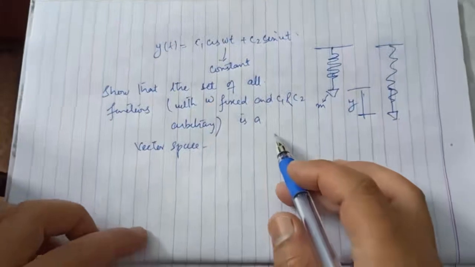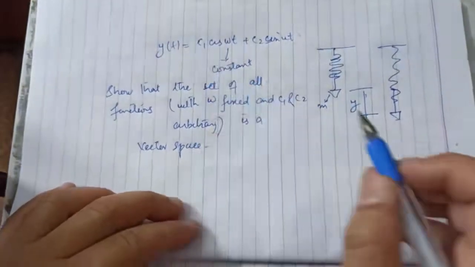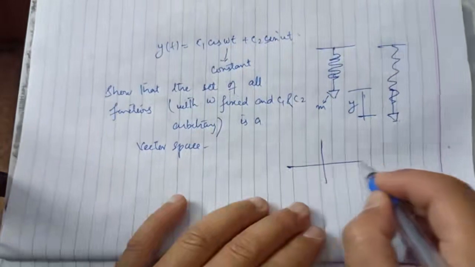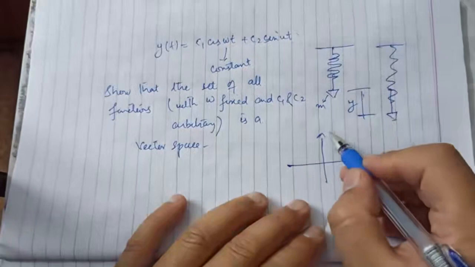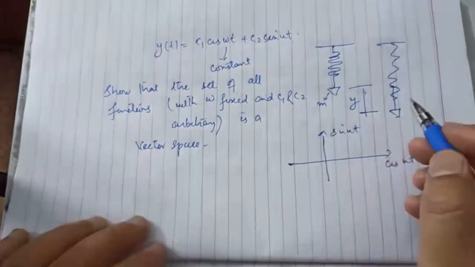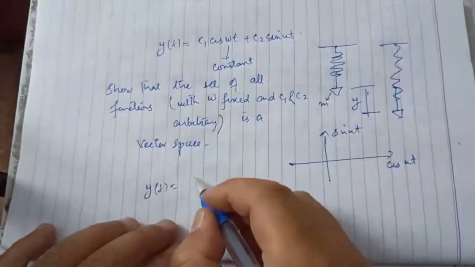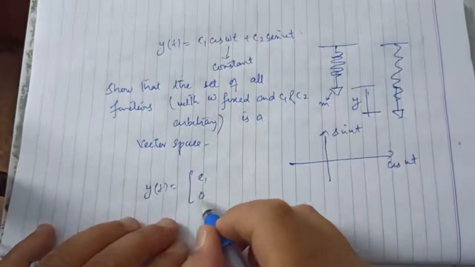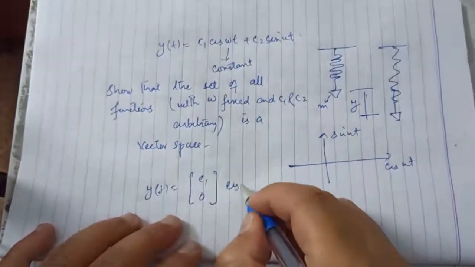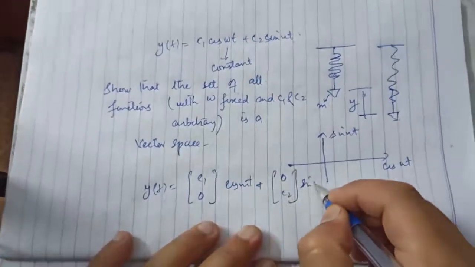Now in order to show that, this is quite easy to show, right? So I can think of this as cos of omega t, and this as sine of omega t. So in this case I can write y of t as c1 cos of omega t plus c2 sine of omega t, right?